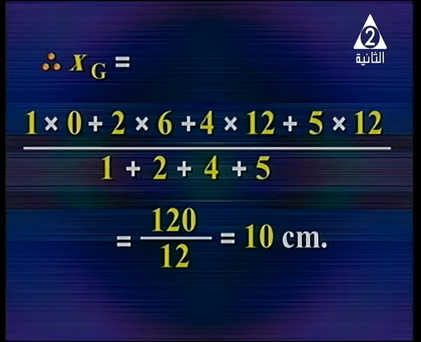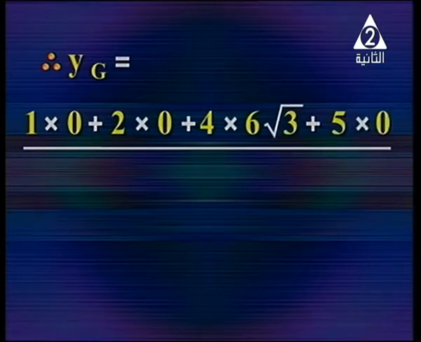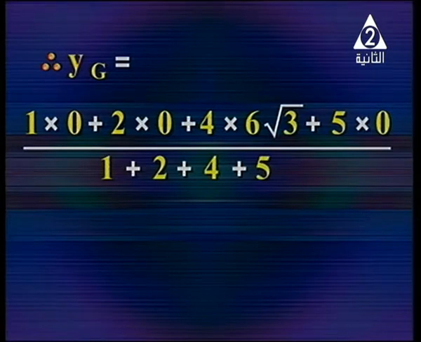What is YG by the same method? YG equals M1 Y1 plus M2 Y2 and so on over the sum of all masses.